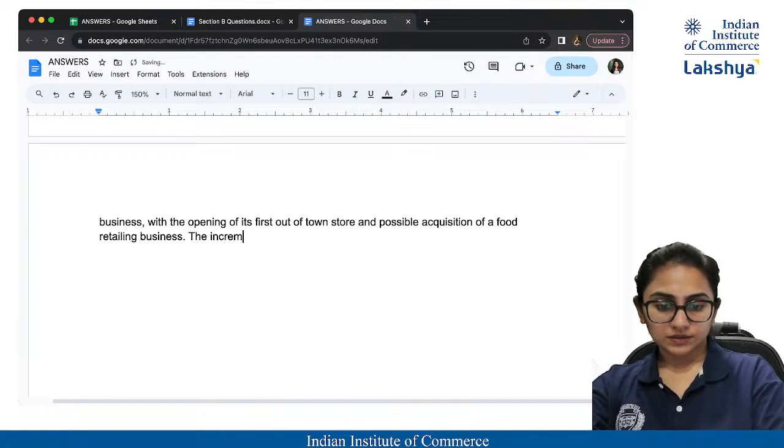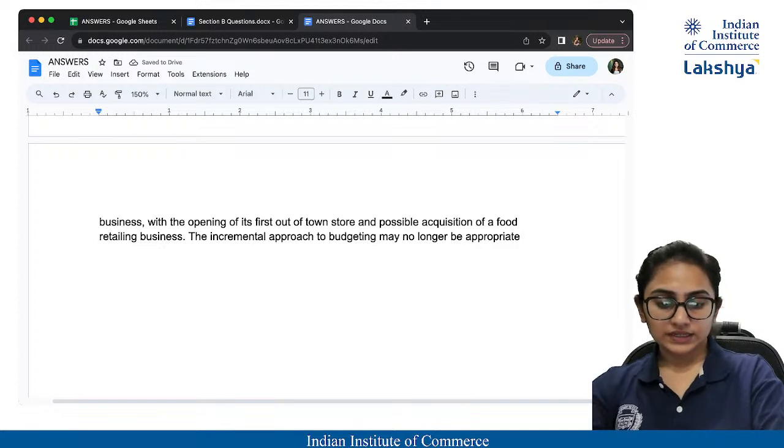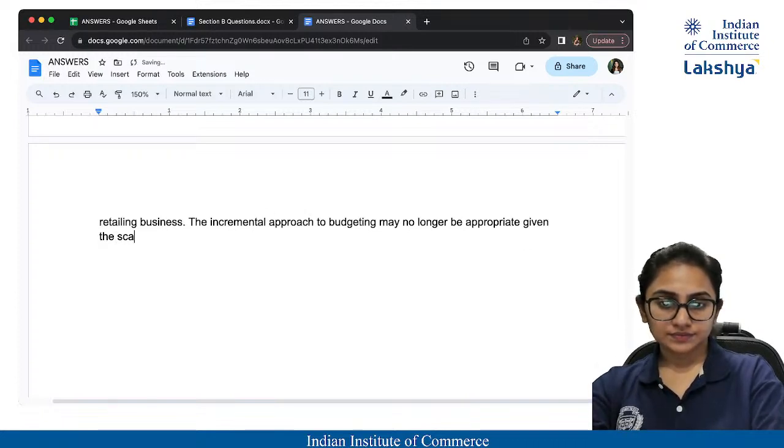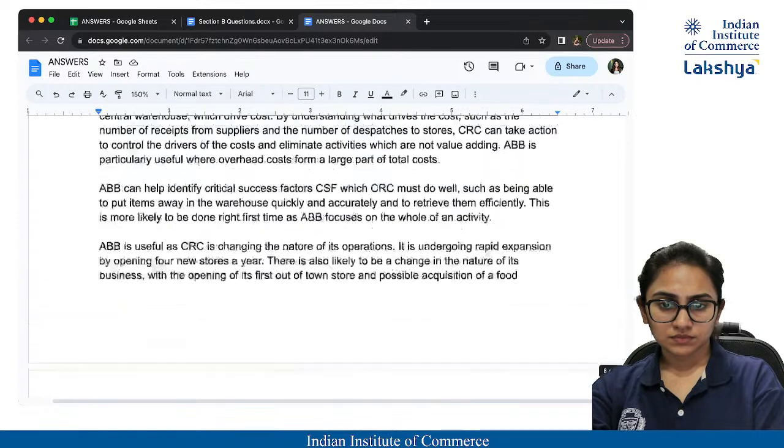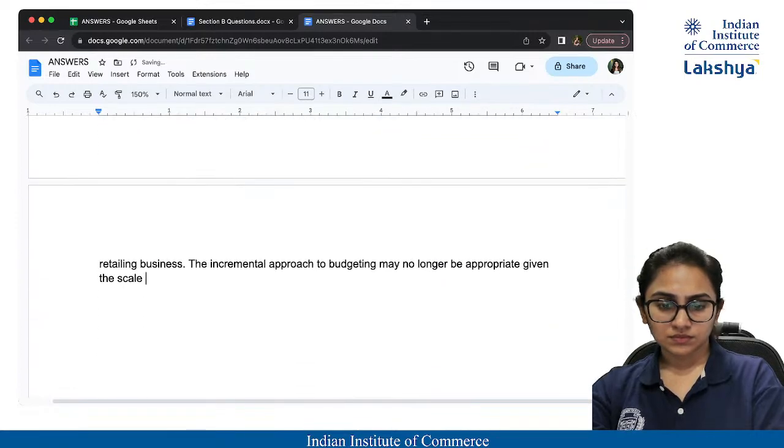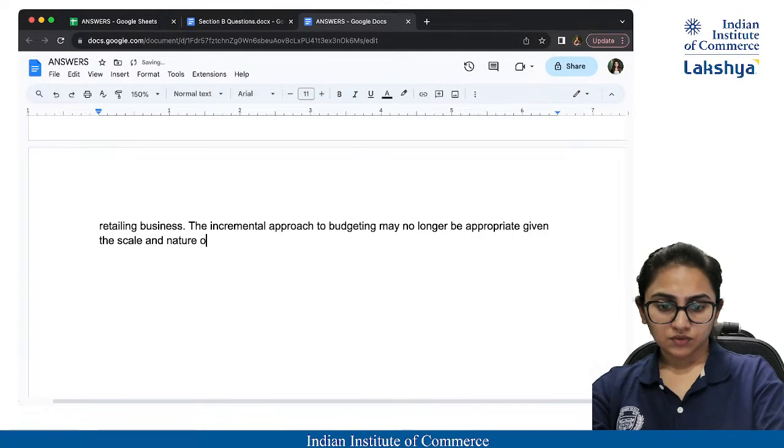The incremental approach to budgeting may no longer be appropriate given the scale and nature of these changes.